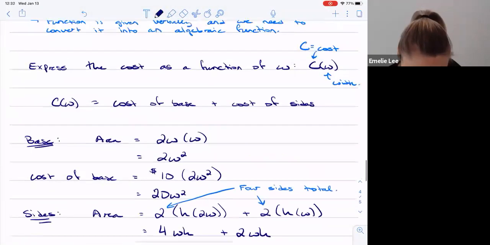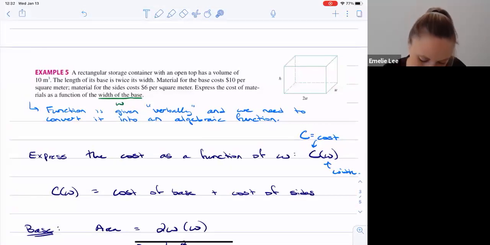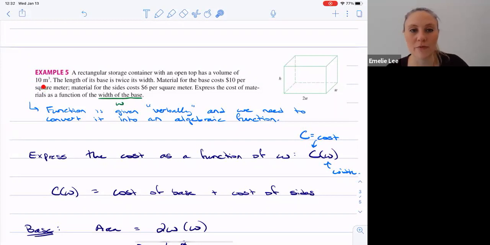Yeah, it has a volume of 10 meters cubed. Now remember, the volume of a rectangle is going to be the height times the length times the width, right?